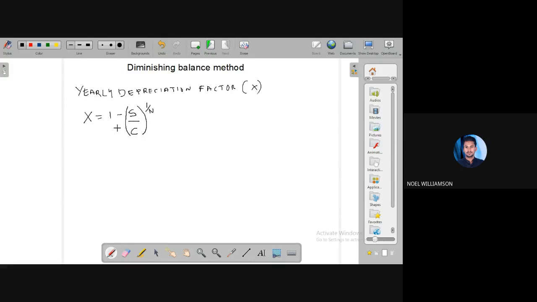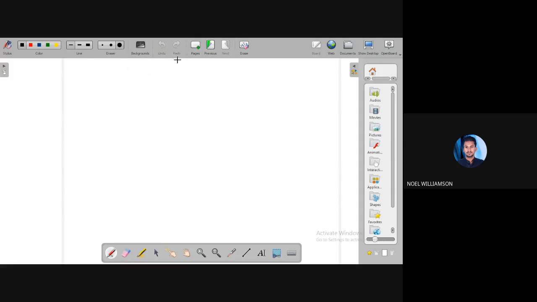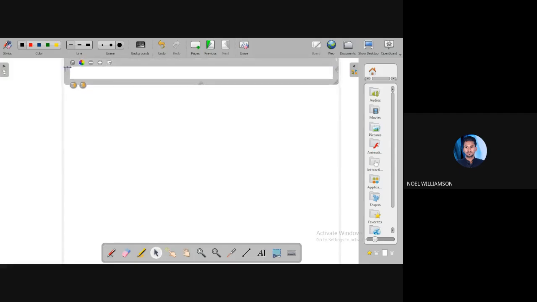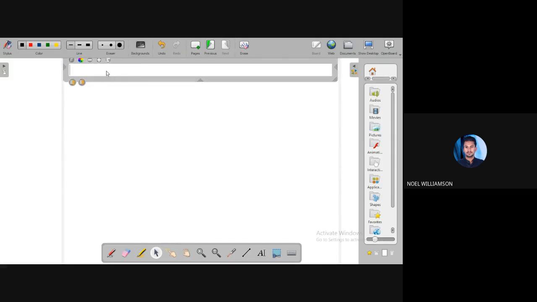S is the scrap value, C is the initial cost, and N is the useful life, the estimated life. So this is the relation. We will discuss this with an example.